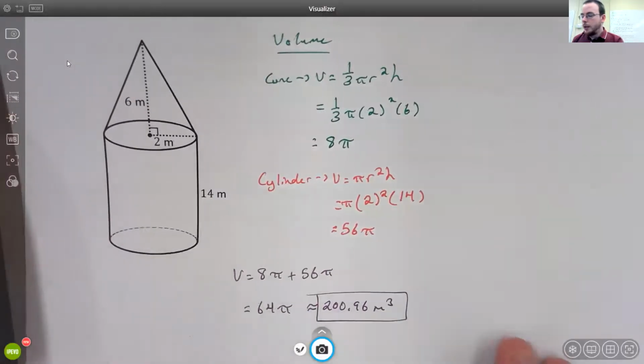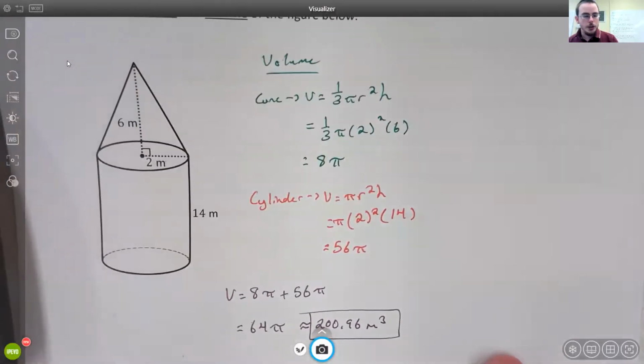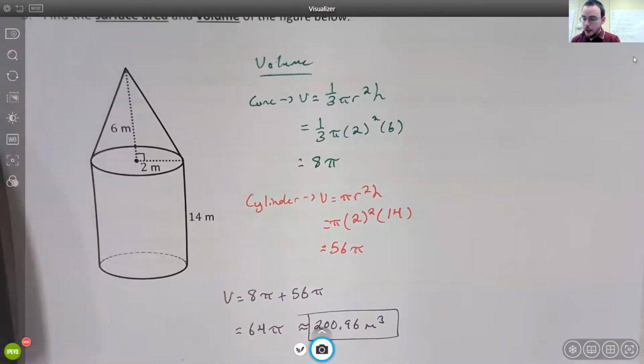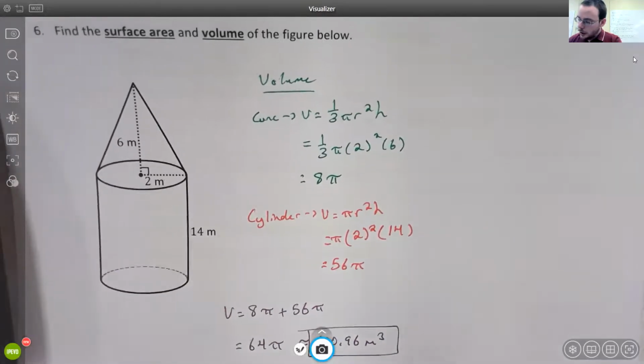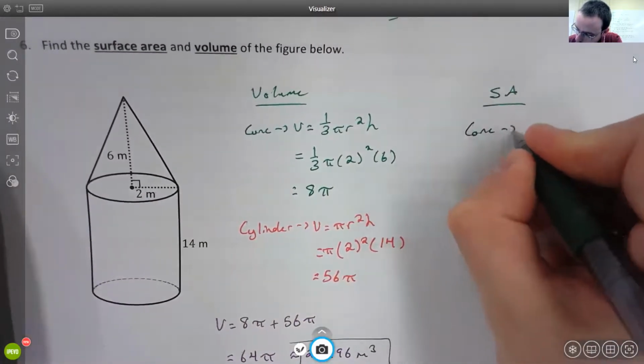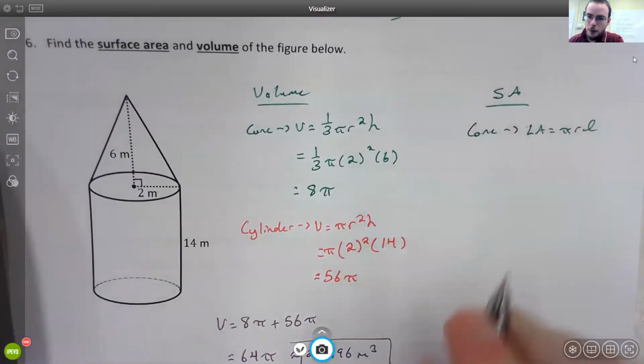All right, now we're going to look at our surface area. Now for the surface area, we're going to do the cone first, but for the lateral area of a cone, you need to know that the lateral area is pi RL.